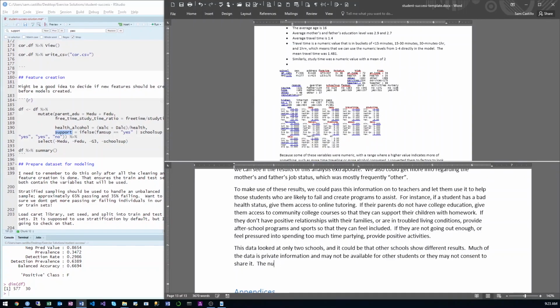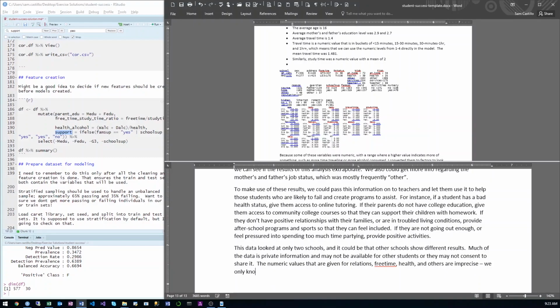The numeric values that are given for relations, study relations, free time, health, others are unexact, are imprecise.